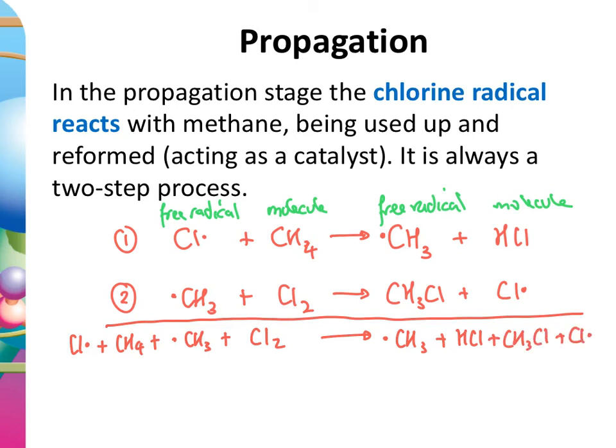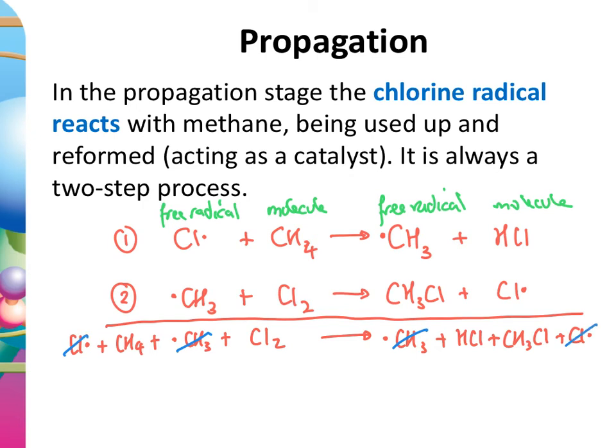In maths you would simplify, and in chemistry you simplify. So you look for, do I have things on both sides that can cancel each other out? Well, I have the methyl free radical on both sides, so I can cancel that out. And I have the chlorine free radical, so I can cancel that out.